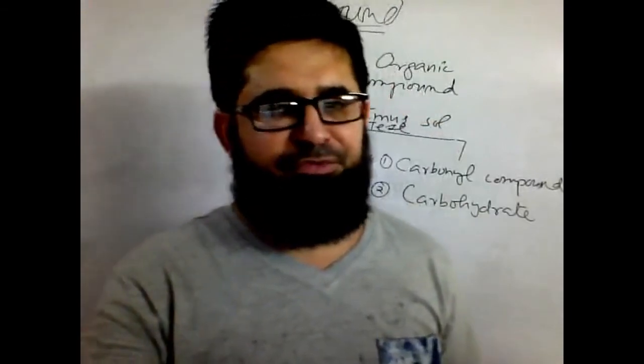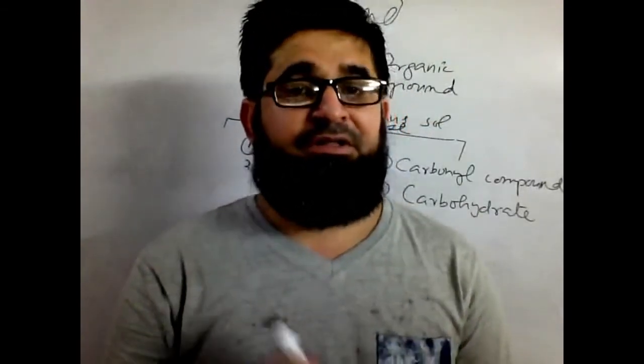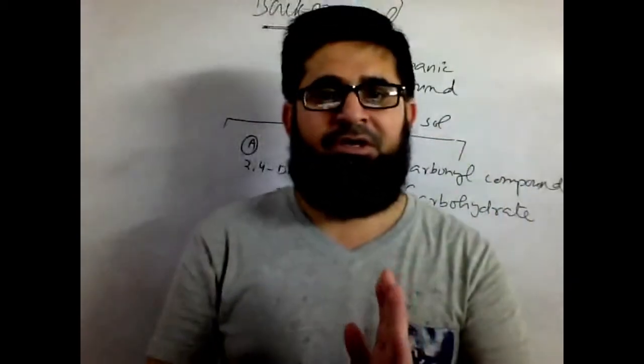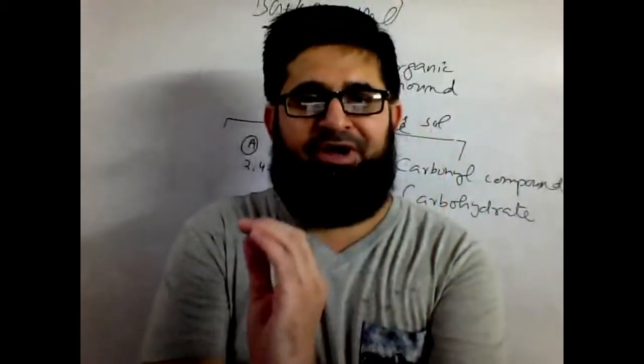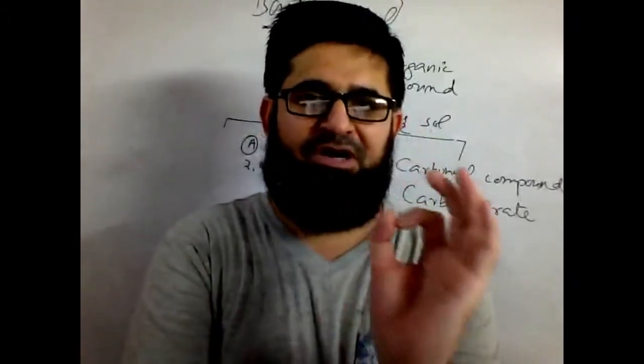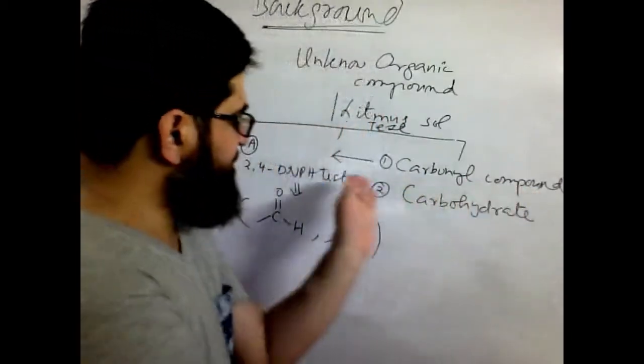Once you came to know that a carbonyl compound is present, then definitely you need to confirm whether that is an aldehyde or a ketone, because the 2,4-DNPH test provides information about the carbonyl functionality, meaning both aldehydes and ketones are confirmed by this test.